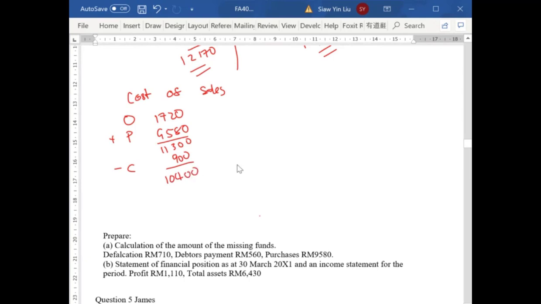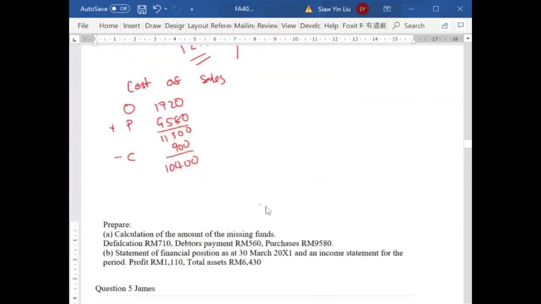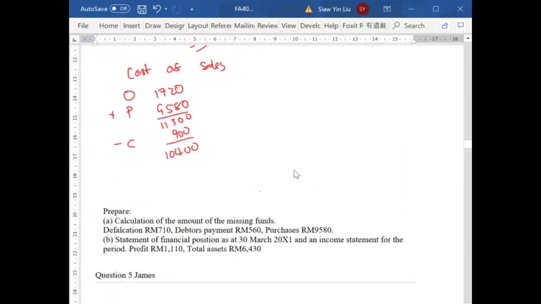Now the question mentions a fixed markup of 25% on cost, right? So when you do this, you will know my cost of sales. My cost of sales is 10400. This is 100%.